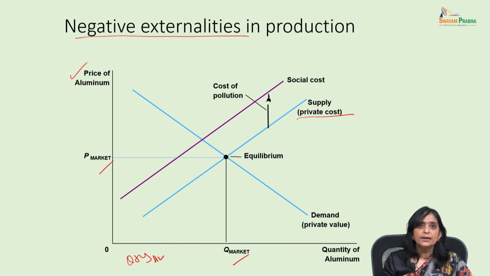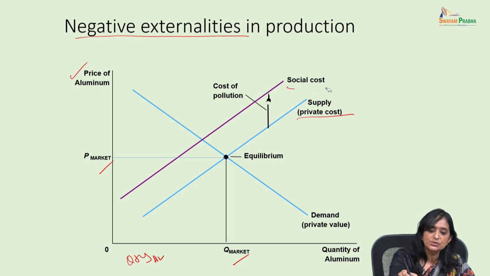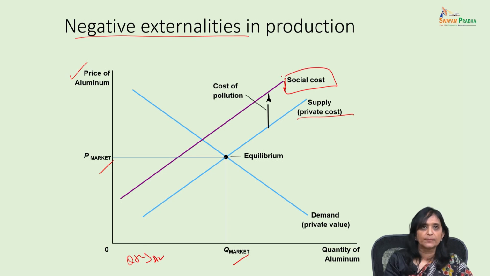Now, because this aluminium is being produced, it is causing some pollution. That cost of pollution is a negative externality. Hence, you get a supply curve which is representing this social cost. This social cost is shifting the supply curve upwards, correct? Because social cost is more than the private cost.